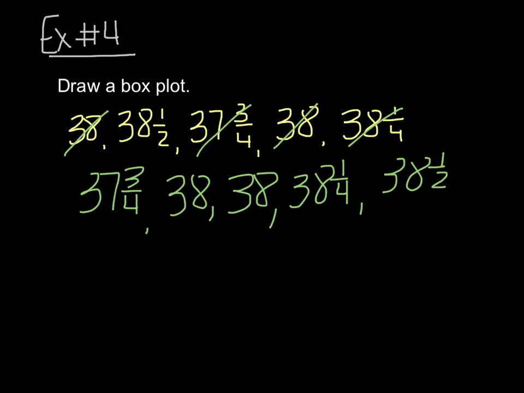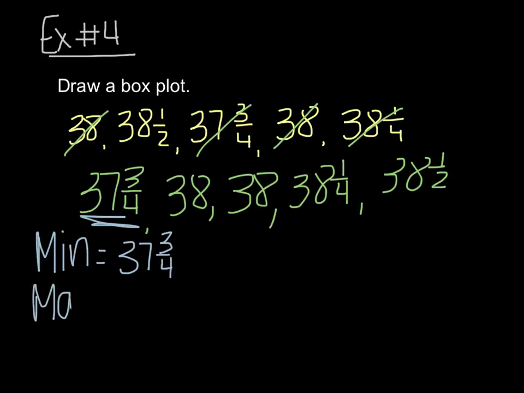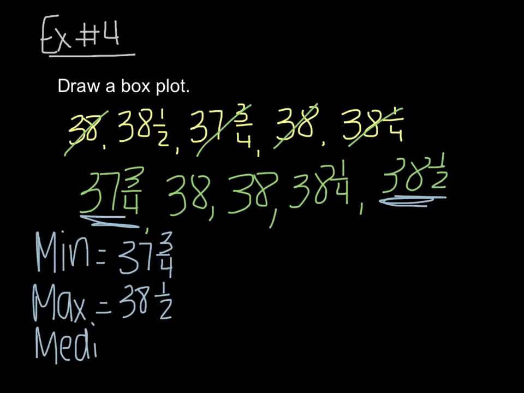So we need several things for a box plot. We need to know the minimum. Here's our minimum, 37 3/4. We need to know the maximum, which is 38 1/2. We need to know the median, the number in the middle, which is 38.